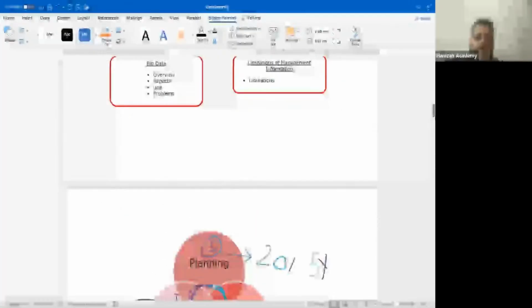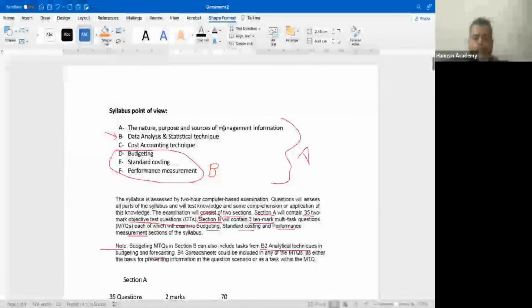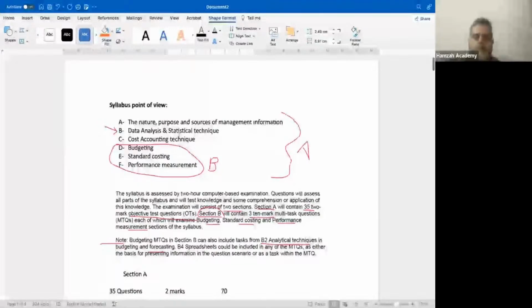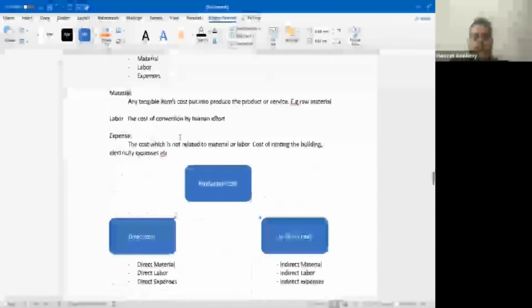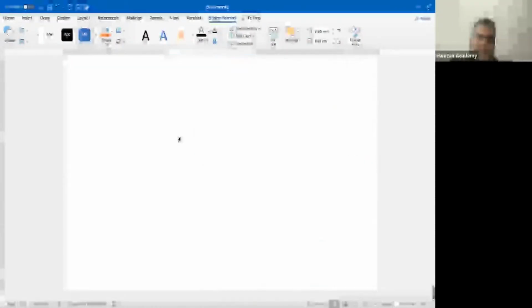I mean, if I go up to the top, the nature, purpose, and sources of management information. This is what we were talking about over here today. This whole syllabus area, the nature, purpose, sources of management information, this is what we have over there, right? And now, data analysis, first thing, the forecasting techniques that we have.